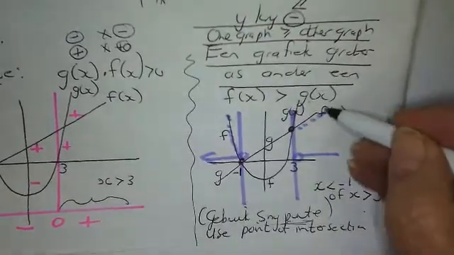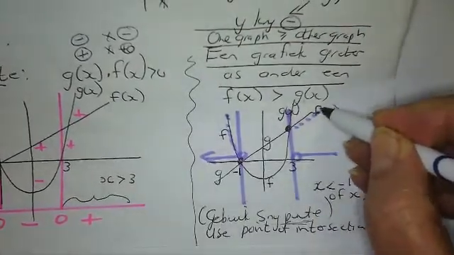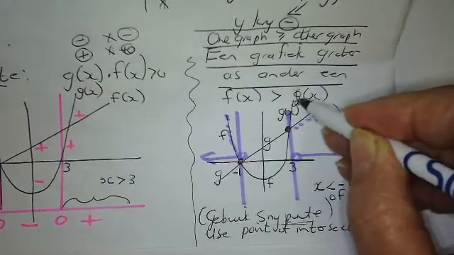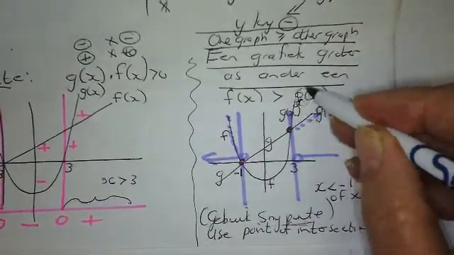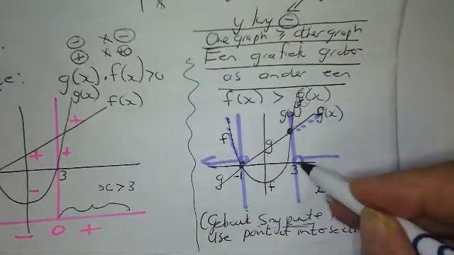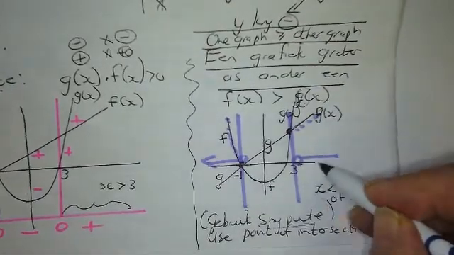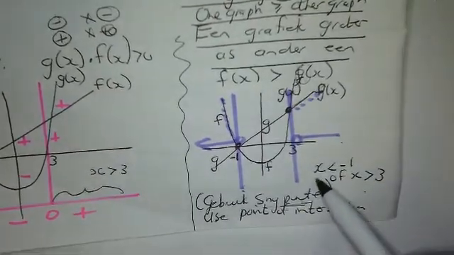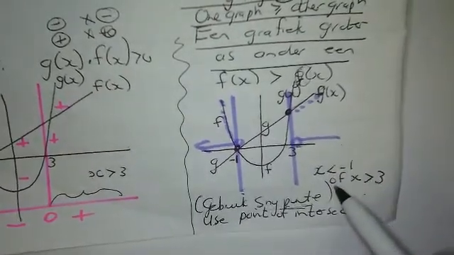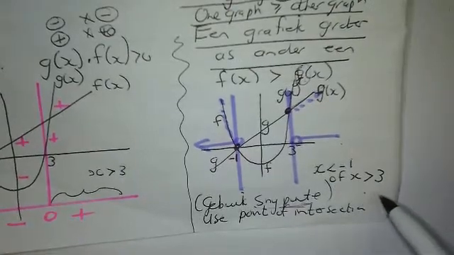If you look at this one here, that's your g of x and that one is your f of x. My f is bigger than my g, so that means from that side to the outer side. So my solution for this is x is less than -1 or x is greater than 3.